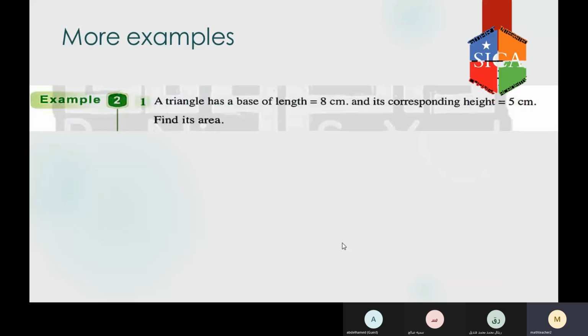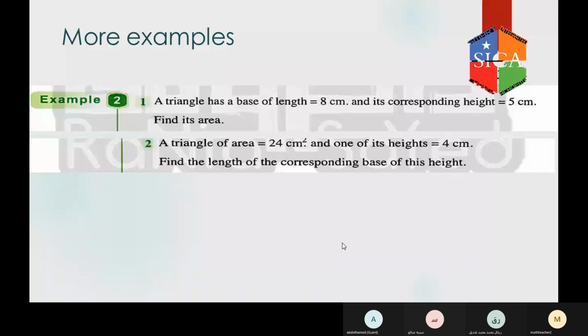The base is 8 and the corresponding height equals 5. Find its area. The area of a triangle equals half base times the height. Half its base times corresponding height. Half times 8 times 5 equals half of 40, which equals 20.